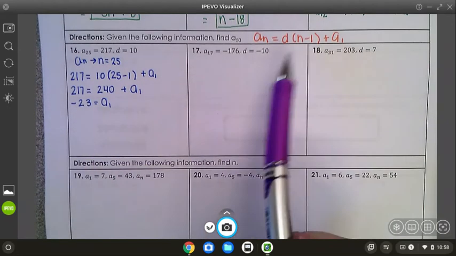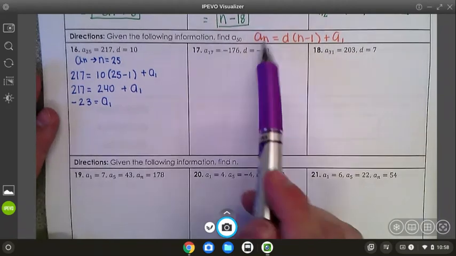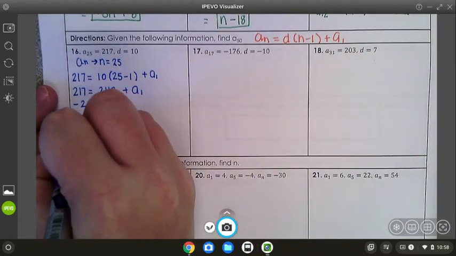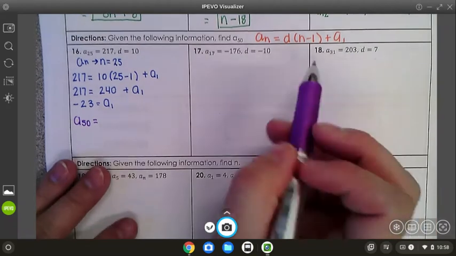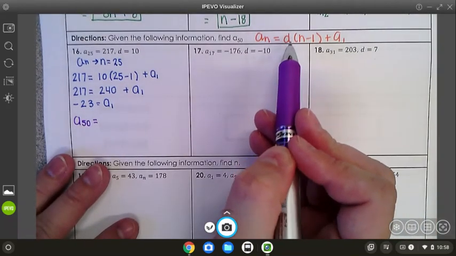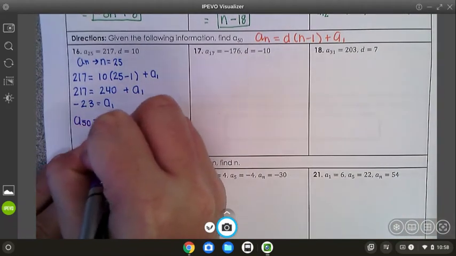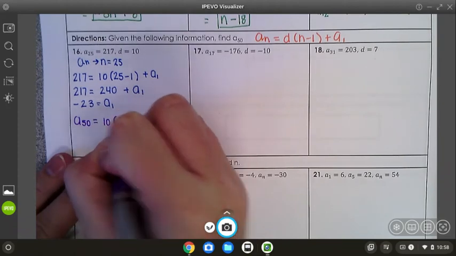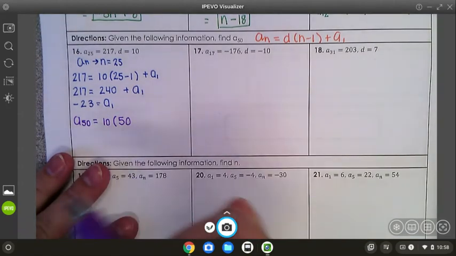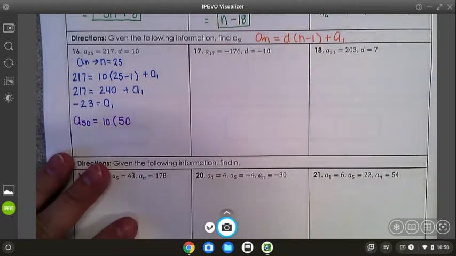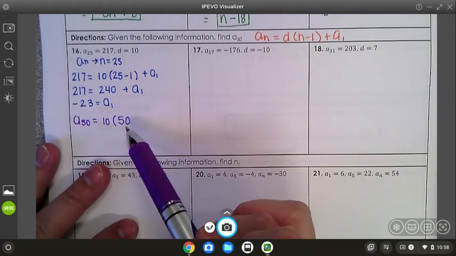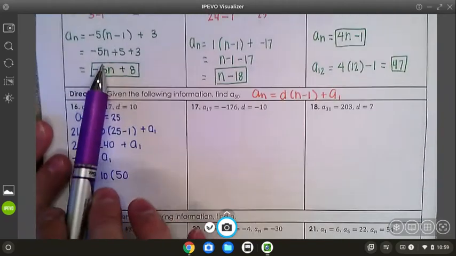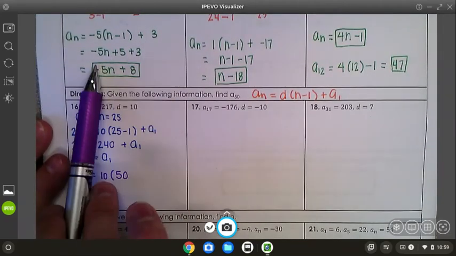We can just go straight into plugging in my 50. So if we're finding a_50, my common difference is 10. Let's just go ahead and plug in 50. If I specifically said what is the formula or what is the rule, you would have to start out by putting in n and getting your -5n plus 8.